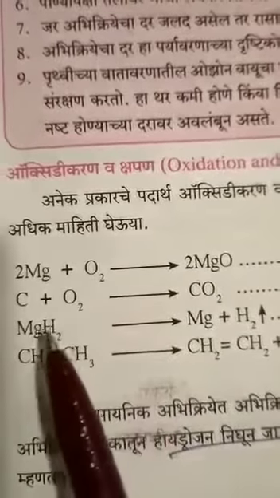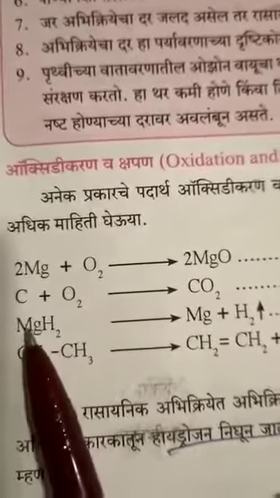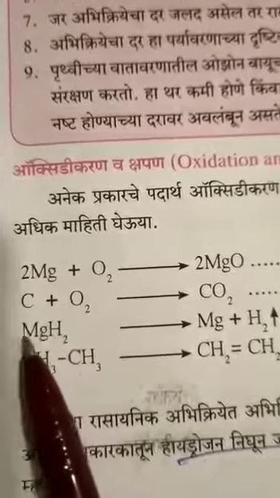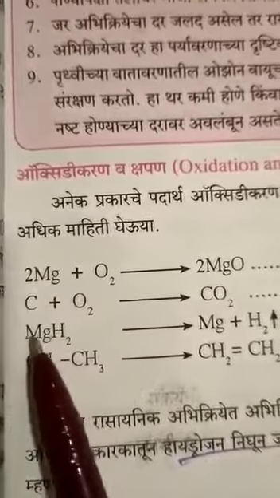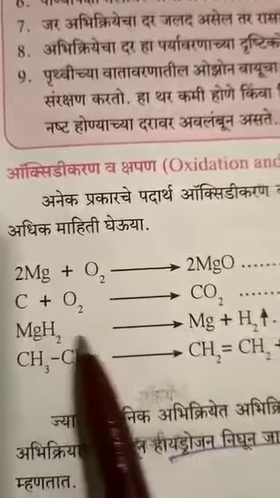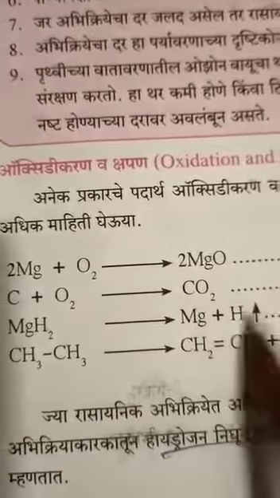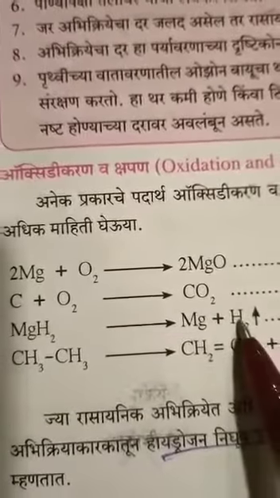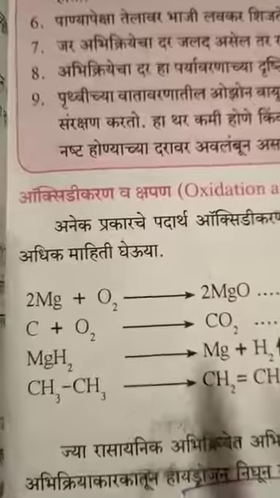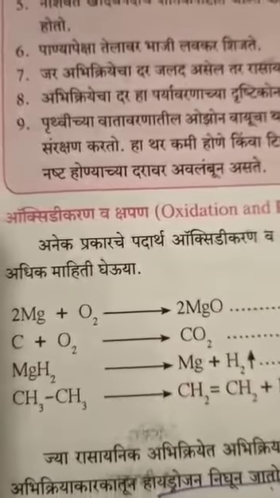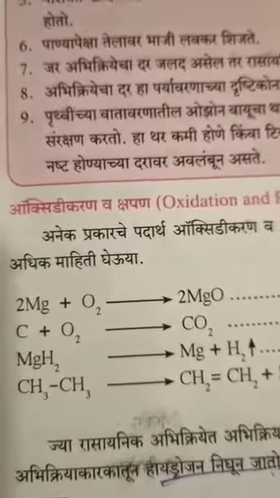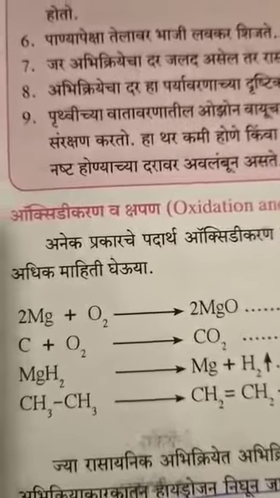For example, look here, magnesium and hydrogen. Here is what? This magnesium and magnesium hydroxide. In this reaction, magnesium removes this hydrogen from the reaction. So these examples are the process of oxidation, or the reaction of oxidation.